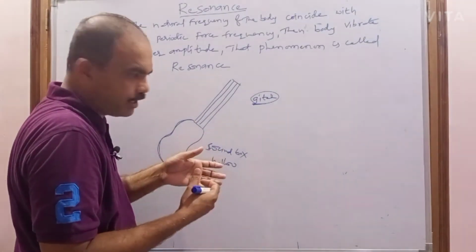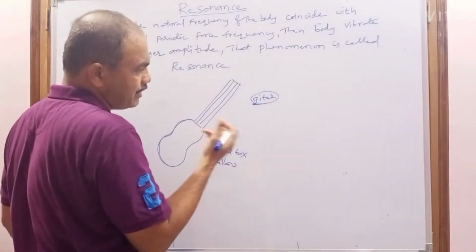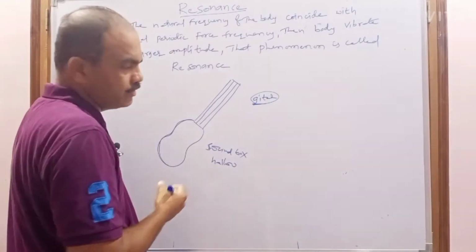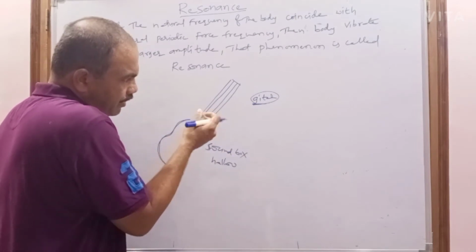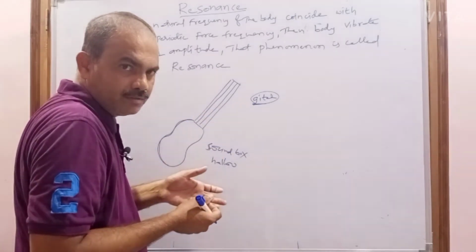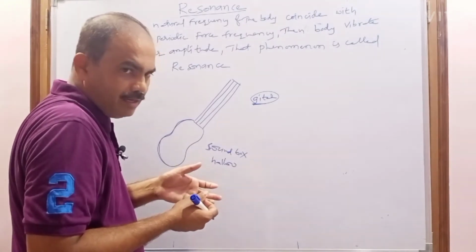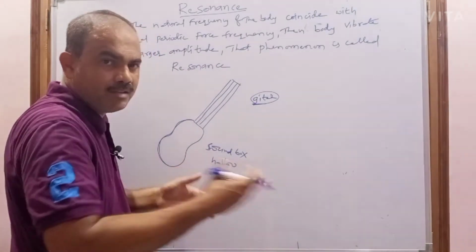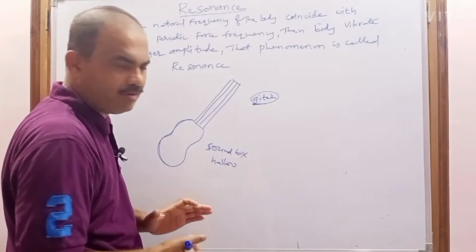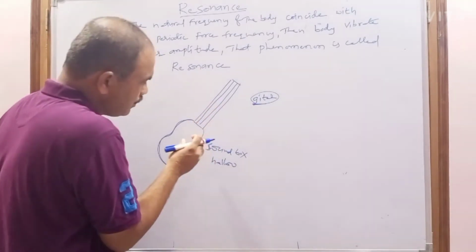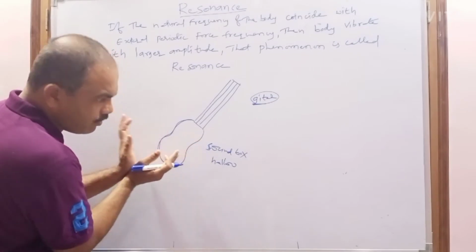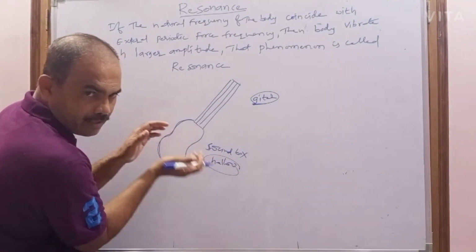you apply a force periodically over the string, and that is nothing but the periodic force. With the help of this periodic force, what happened? When you are applying this periodic force, you do not hear the maximum sound at first. When you vibrate the string periodically, the air particles in the sound box, because it is hollow, also start to vibrate.